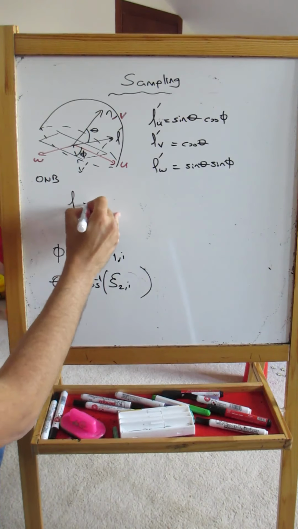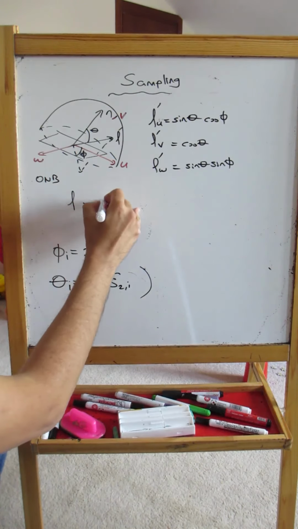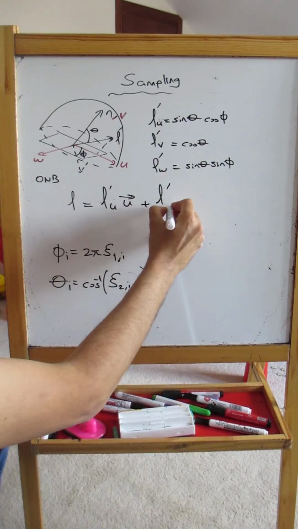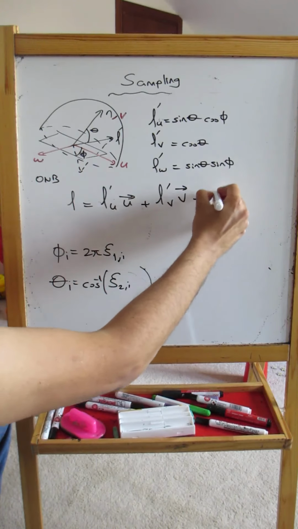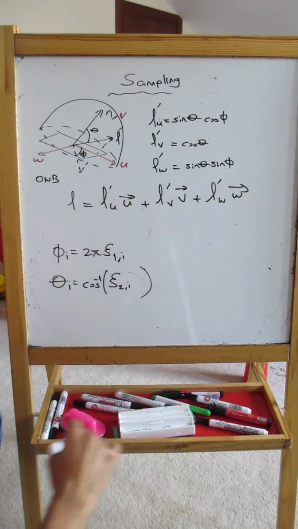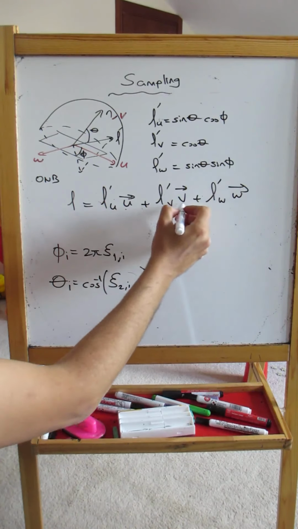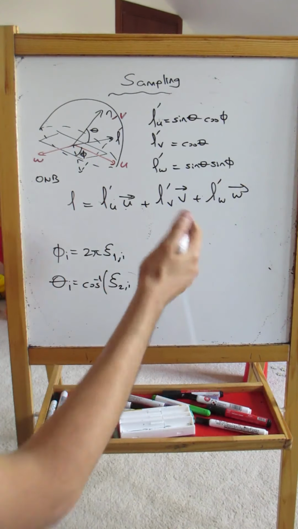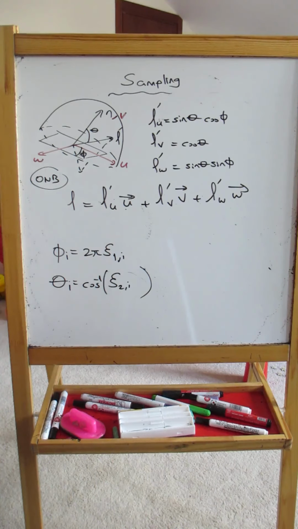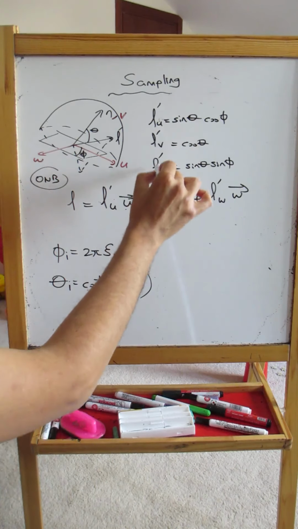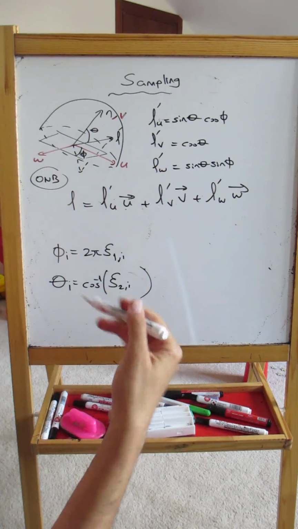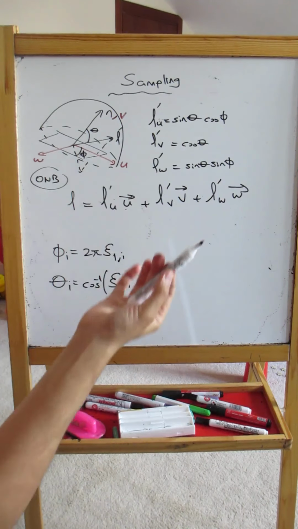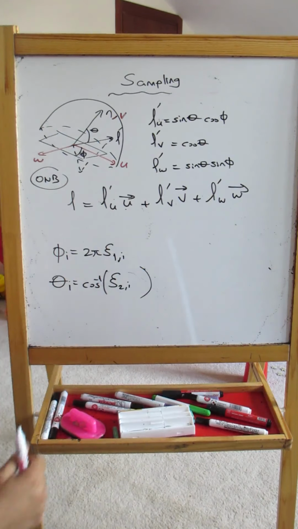Now the L in the global space is going to be L prime u times the u vector plus L prime v times the v vector plus L prime w times the w vector. So u, v, w are defined in the global coordinate system. We found them by creating this orthonormal basis. And L prime u, v, w are the UVW values of this L prime vector, which we have uniformly created.